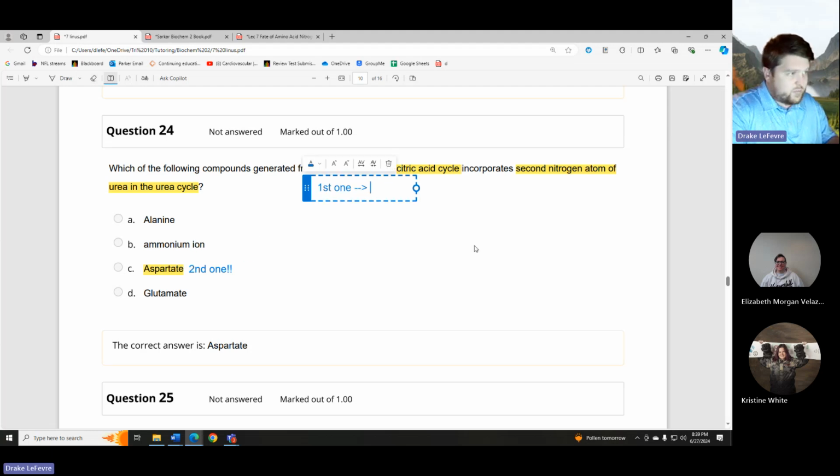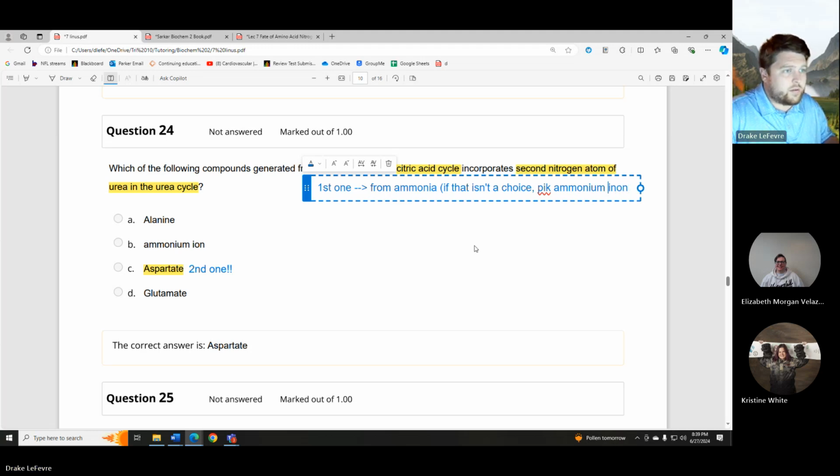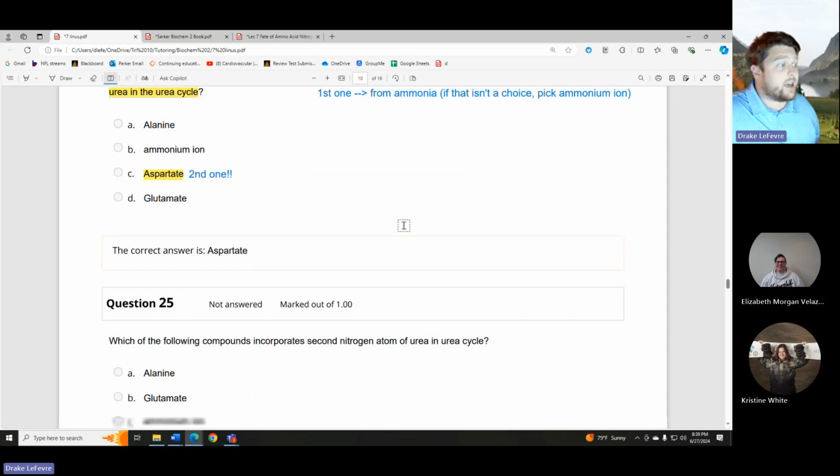First one from ammonia; if that isn't a choice, pick ammonium ion. Part of the fun game of all the beautiful AKAs of science.